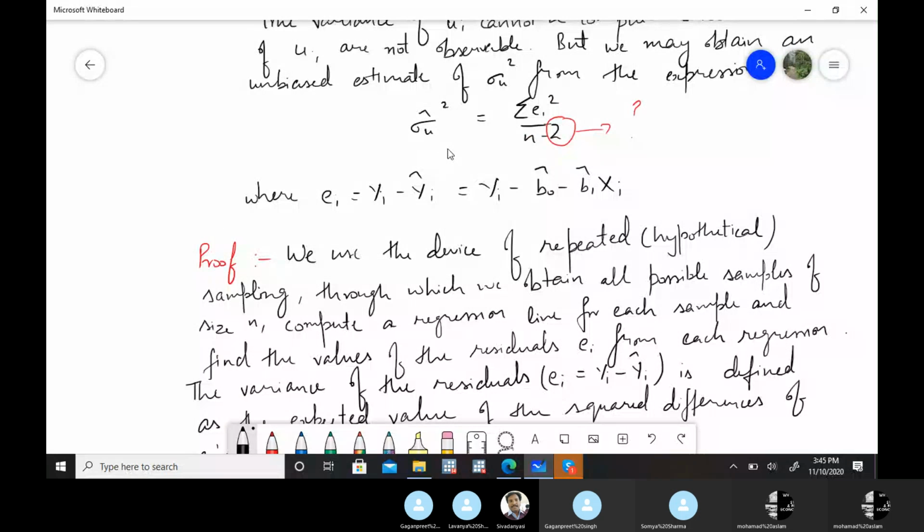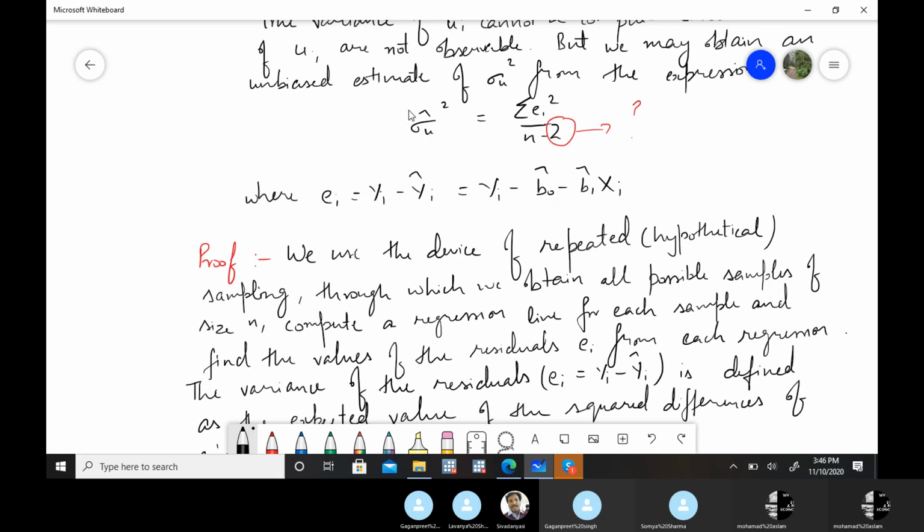Now we have to prove that if we take an average of all these variances of all the possible samples, that is equivalent to the population variance, because in all the derivations we are using sigma square. That is for the population; if it's a sample, it's sigma hat square.